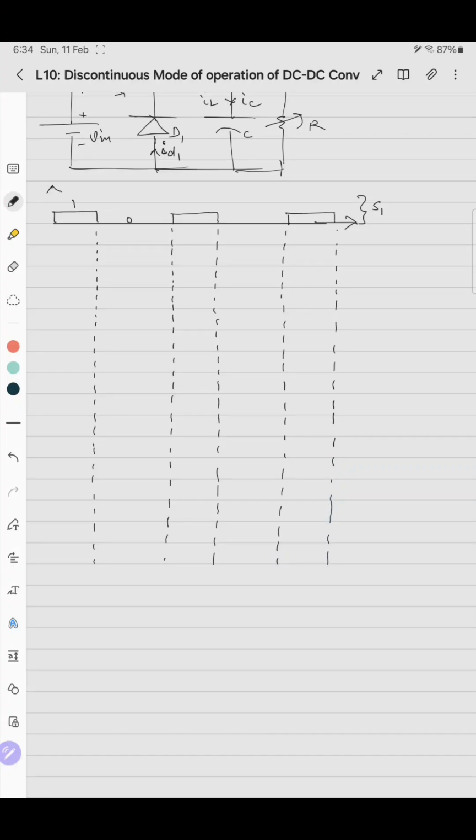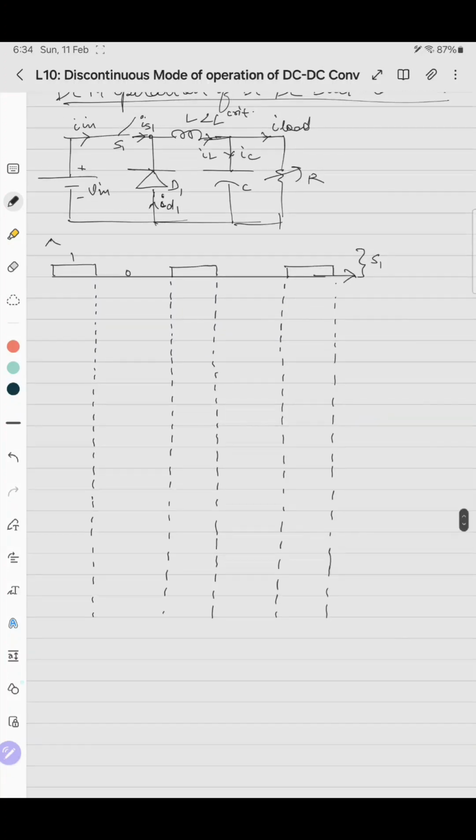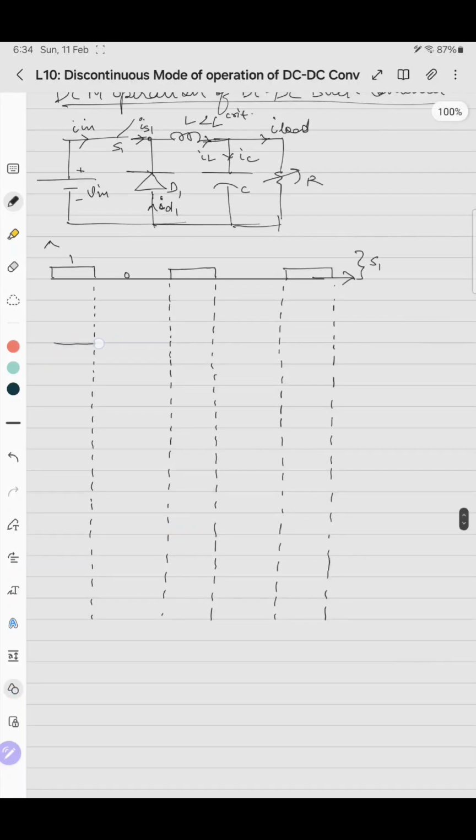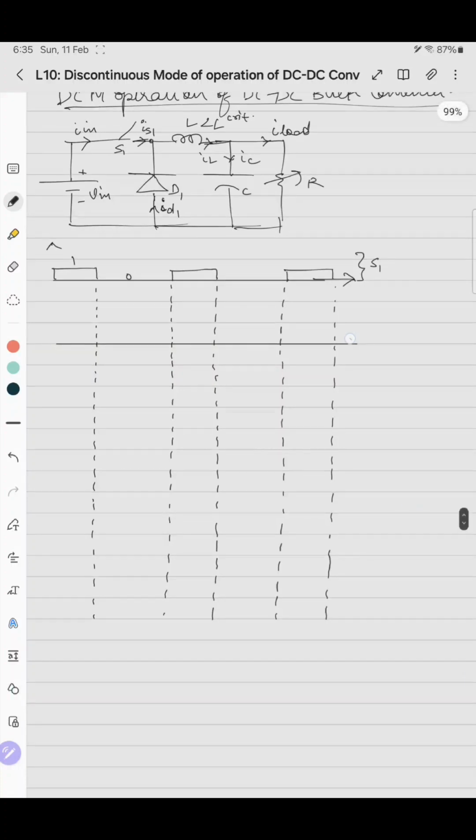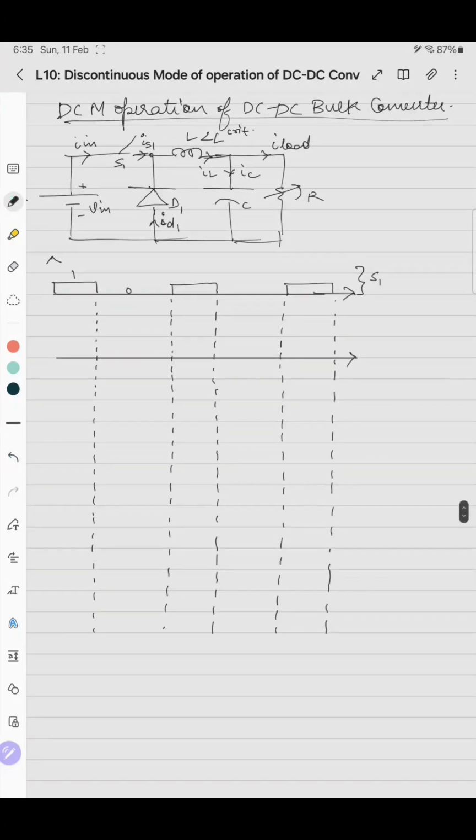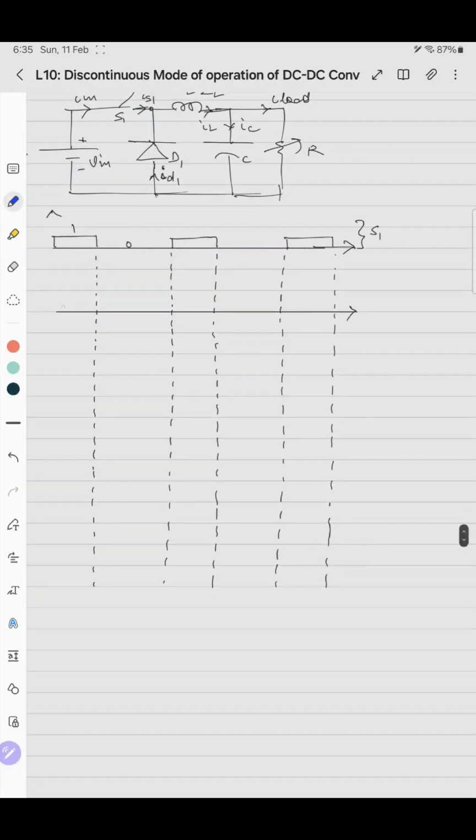So let's go to the inductor and draw its waveforms. We'll first start with the inductor current. As you know, it is discontinuous in nature. In the on time the inductor current will rise, then it will fall like this, and then it will be clipped off.